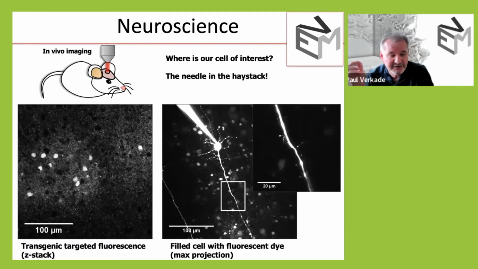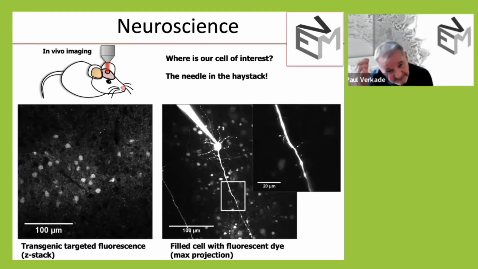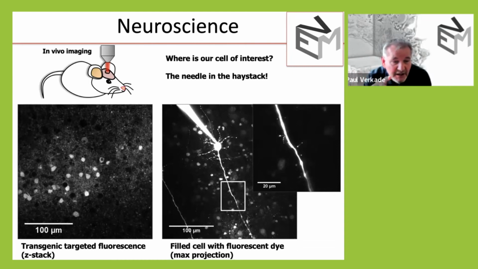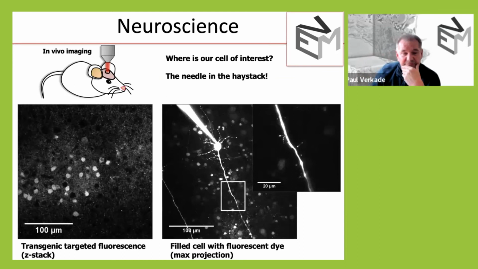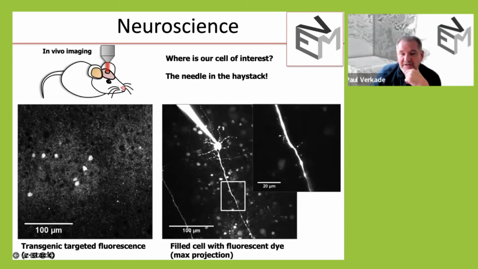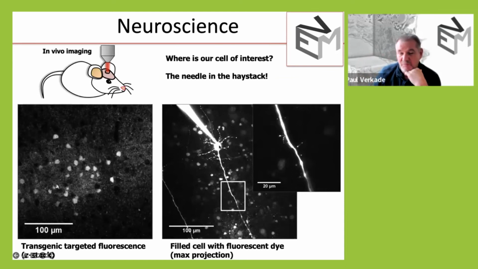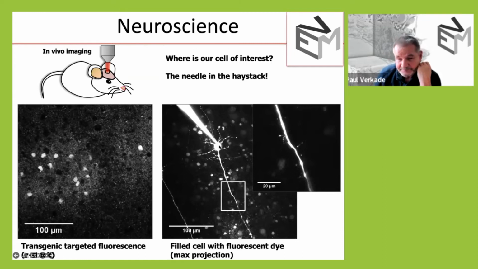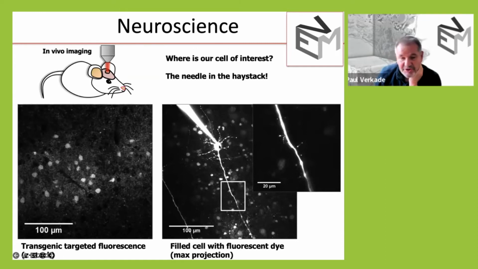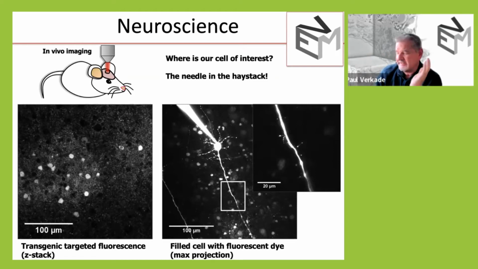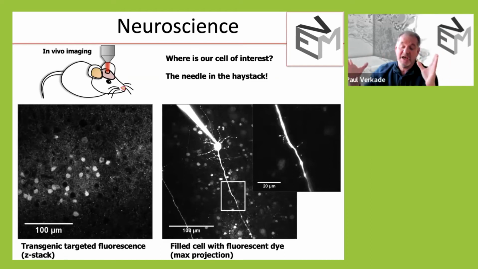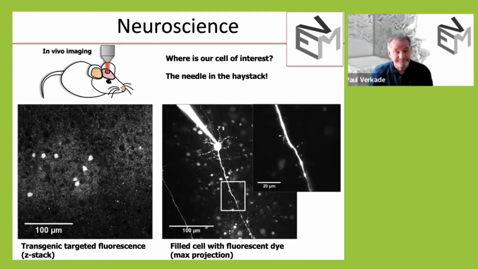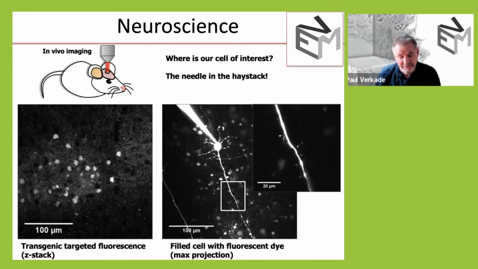This is a project done by Rob Lees, who is now in Oxford, and we've loaded one specific neuron with a fluorescent dye, and then we're going to try to retrace that same neuron inside a large volume at high resolution in the electron microscope.